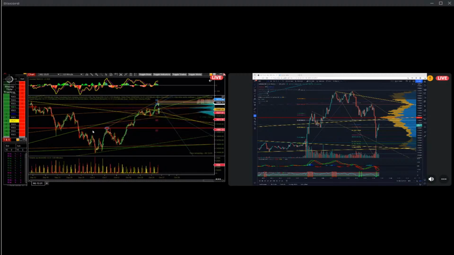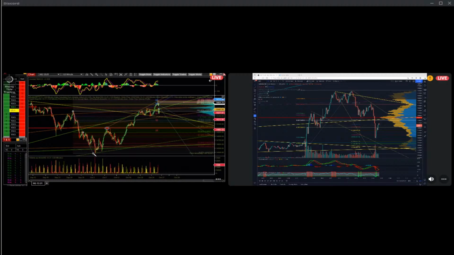If you want to find what the B is going to be, like if you have here and here, let's put it in here, you can find the X to A, and check this out. The 61 works. So we can expect a 61 retracement every time on a big move like that, 50 and 61. On a big down move, you're expecting something. And you're going to see us saying the 61 might be creating the B point. So that would tell you that the B point is very possible.